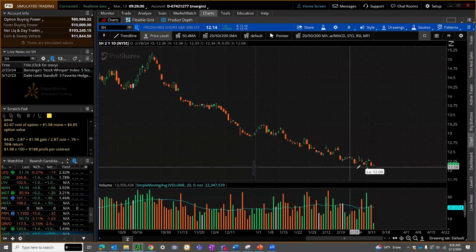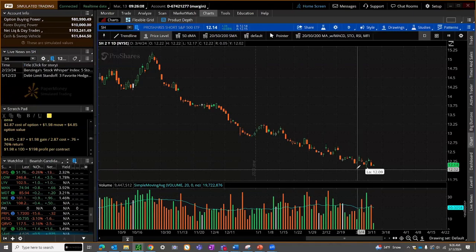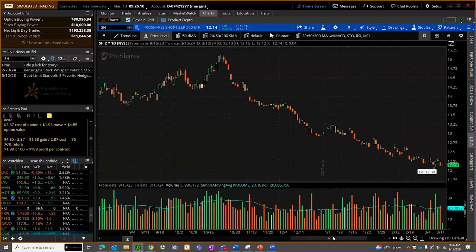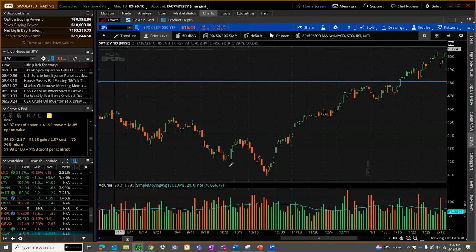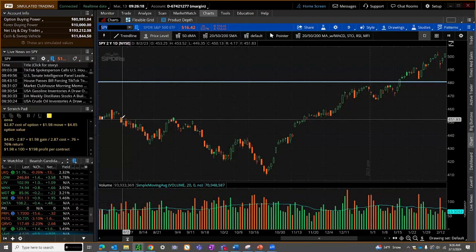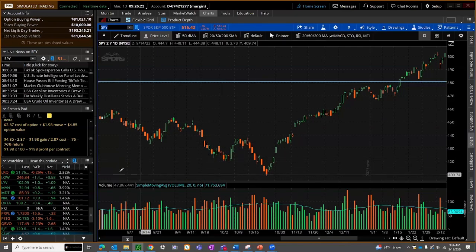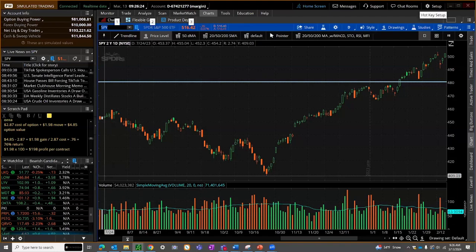Notice how it's been going down, down, down. Well, back in the fall, remember how the markets were falling? If I come back to our SPY again, here's the fall of last year. We've got August, September and October. September and October are typically not very good months for the market, right?